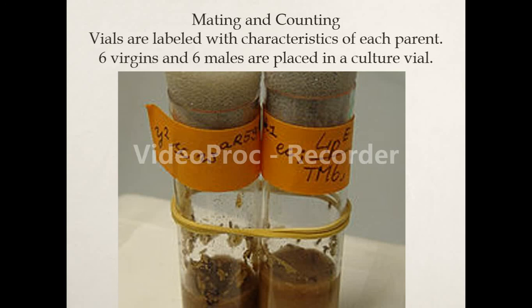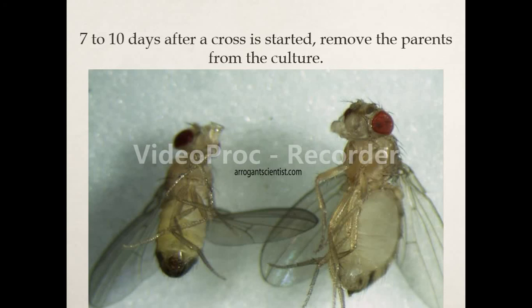After this period, you notice that it converts directly into the mature adult. So remove mature adults after 14 to 15 days. That is the basis for identifying virgin females, understand. So 7 to 8 days after the process starts, remove the parents from the culture and note the reproductive life cycle.